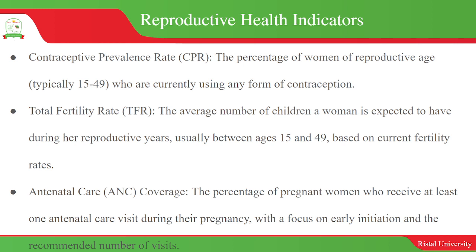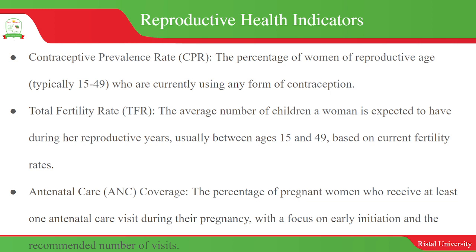Okay, and then the total fertility rate, the number of children a woman is expected to have during her reproductive years. Usually, of course, the reproductive age is 15 to 49, based on the current fertility rates.